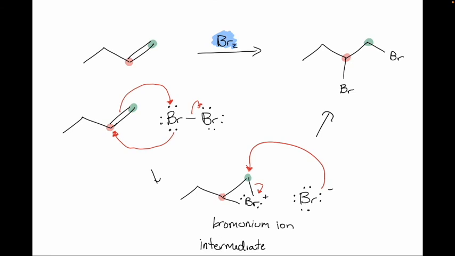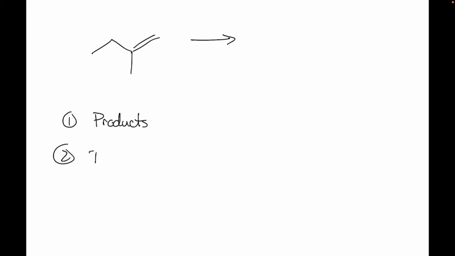Okay? So if I give you a new one, we'll use that same example we did before. Again, you're going to want to draw me the products and that intermediate.